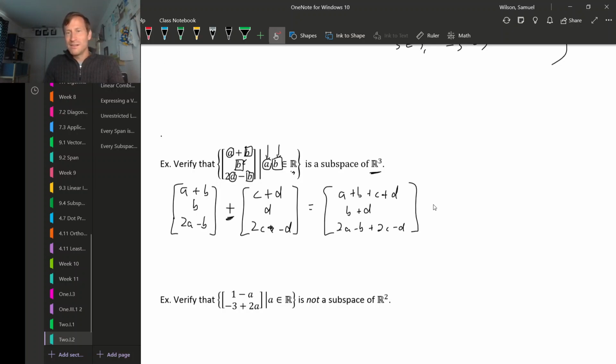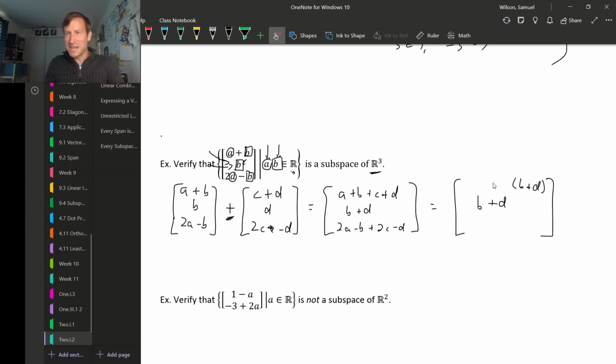Okay, well, it's easy to identify what should be in this spot because that's just going to be this entry down here. So B plus D is playing the role for our sum vector that B did originally up here. So that means right here we should have B plus D.